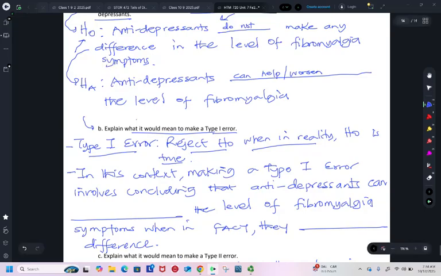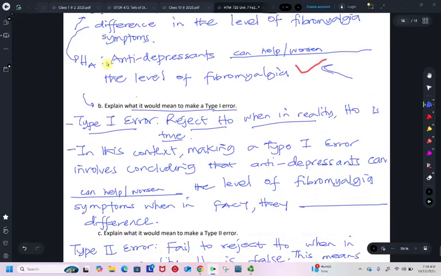So if we were to reject this and conclude on the alternative when in fact the null hypothesis is true, then in this context, making a type 1 error involves concluding on the alternative hypothesis that antidepressants can help or worsen the level of fibromyalgia symptoms when in fact they make no difference.